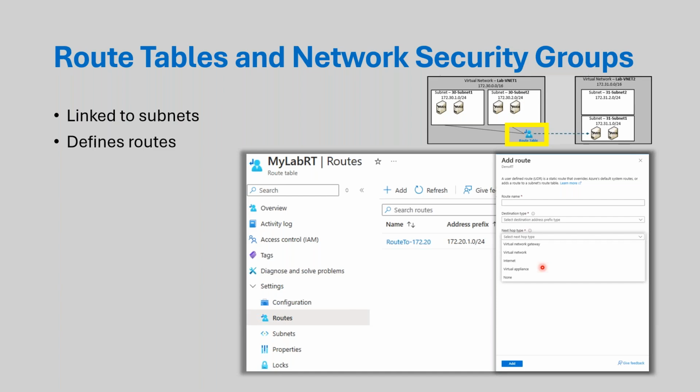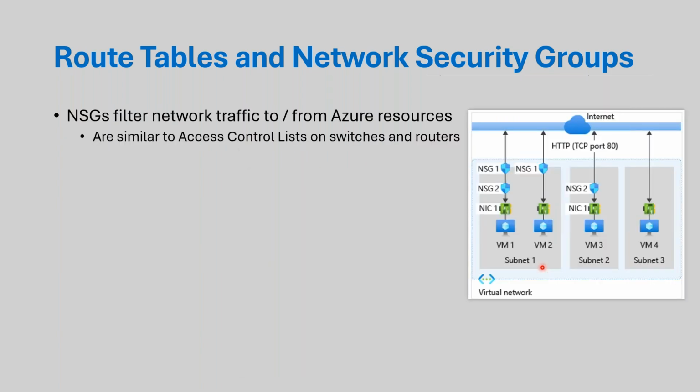Network security groups filter traffic. You want to be thinking along the lines of access control list if you're familiar with those. These can be applied, as I mentioned earlier, to subnets, as kind of shown in this diagram here, or to network interface cards. And they will work together as a double filter to get into a device. For example, I want to connect to VM1 coming from, let's say, the internet in this diagram.